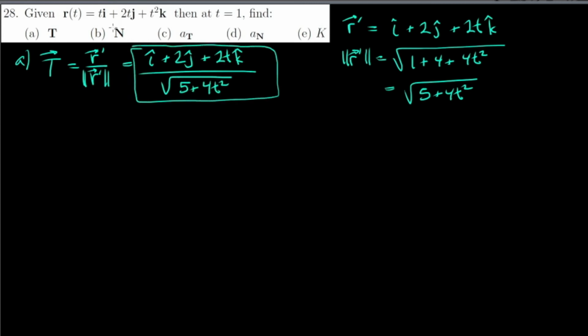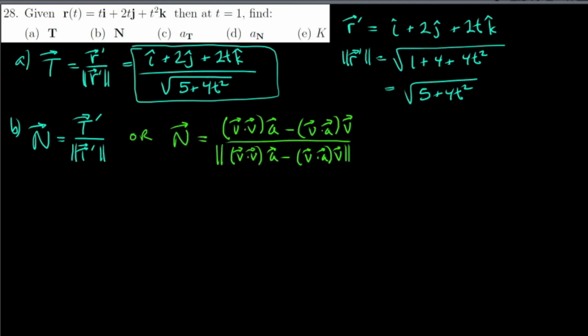So how do we find the principal unit normal vector? Well, T prime over the magnitude of T prime. Or, I found this formula in the book. It's in 12.4.